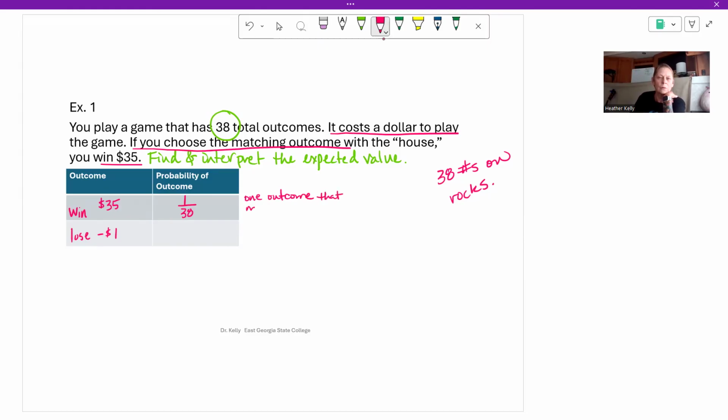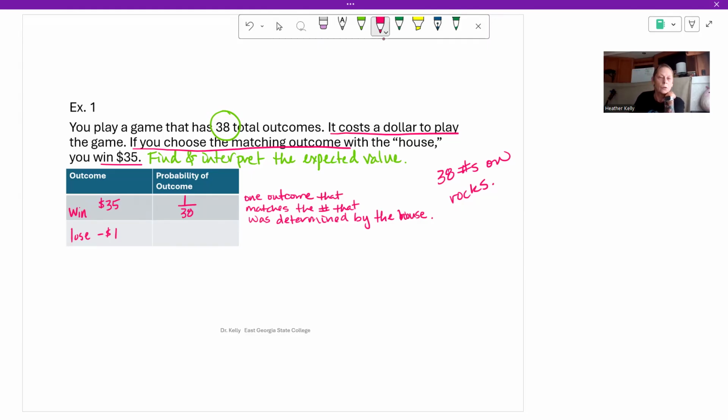So to win, it is one outcome that matches the number that was determined by the house. And then to lose, what's your chance of losing?